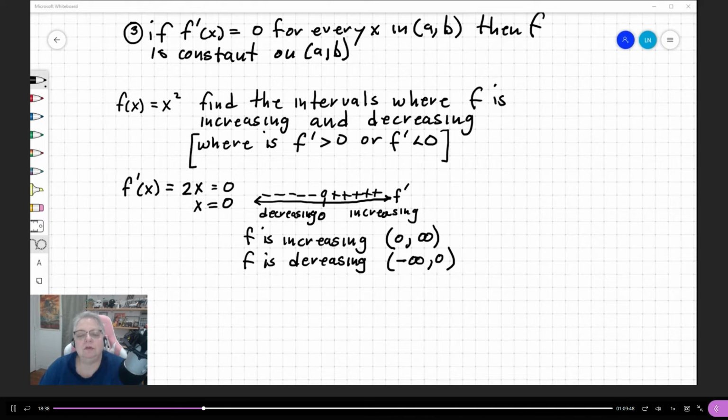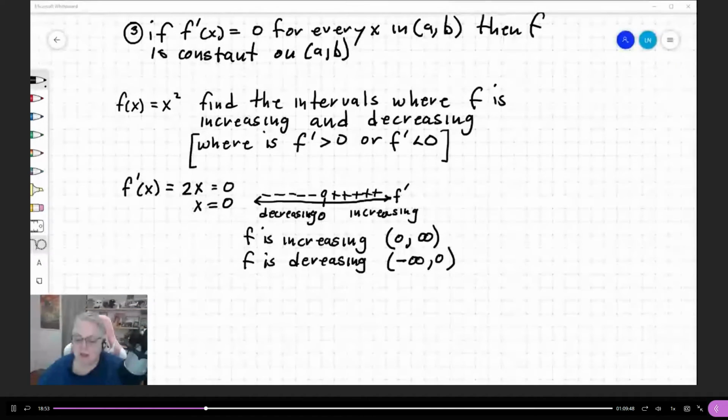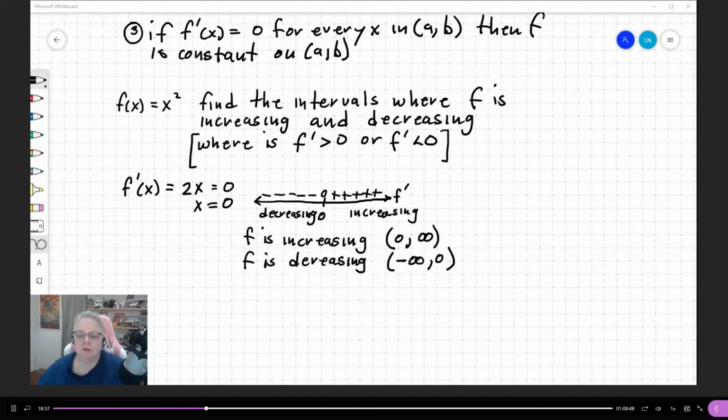Okay, so now to determine the intervals where a function is increasing or decreasing, you're going to find all the values for which the first derivative is 0 first, and then you're going to do a sign pattern.